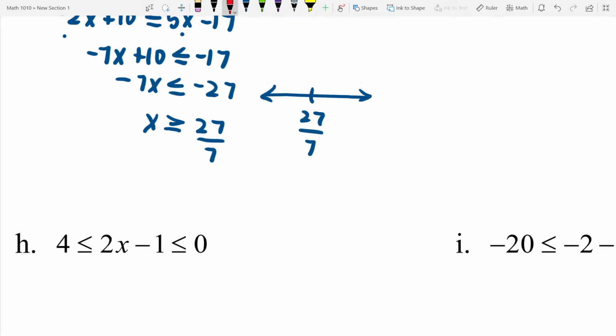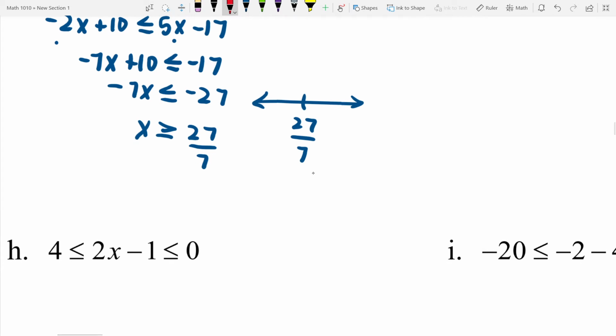Everybody in the room, open or closed? Closed. Right or left? Right. That's the way it points, right? Interval form, the furthest thing on the left is 27 over 7, and it's a bracket. And the shading goes forever. That would be infinity. There's your answer.